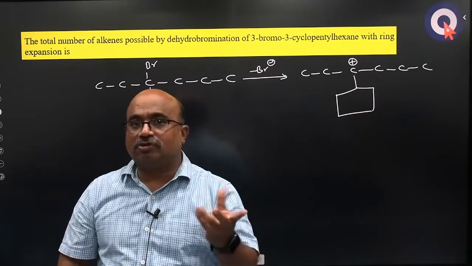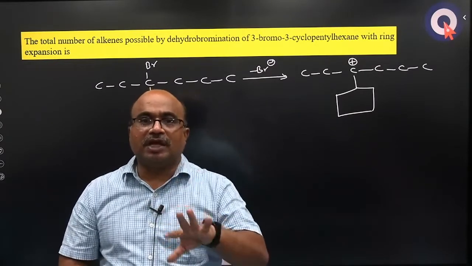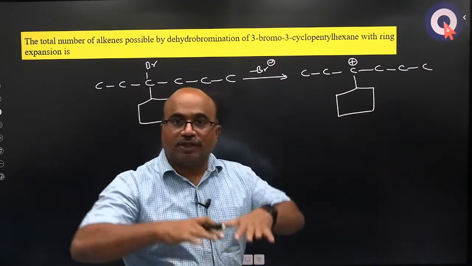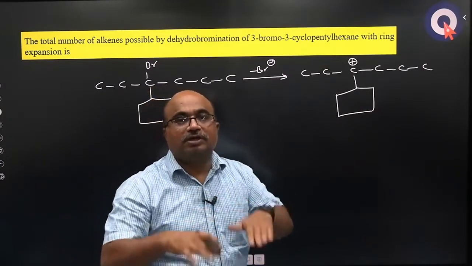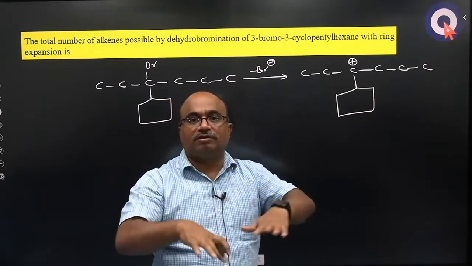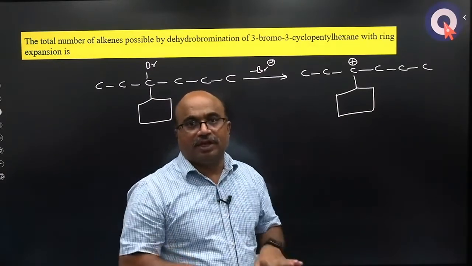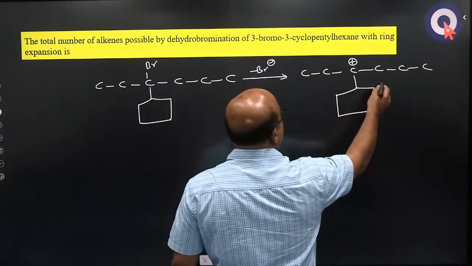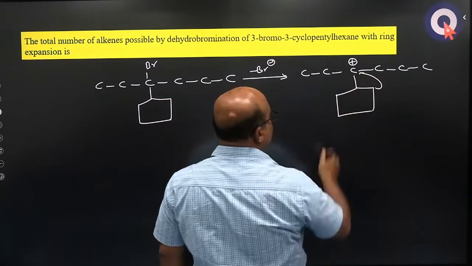But 3 with the positive charge generally, because cyclopropyl methyl carbocations are more stable. So with the 4-membered ring having a positive charge or 5-membered ring having a positive charge, rings will expand. Ring expansion takes place. So this carbon bond will shift towards this, or this carbon bond will shift.